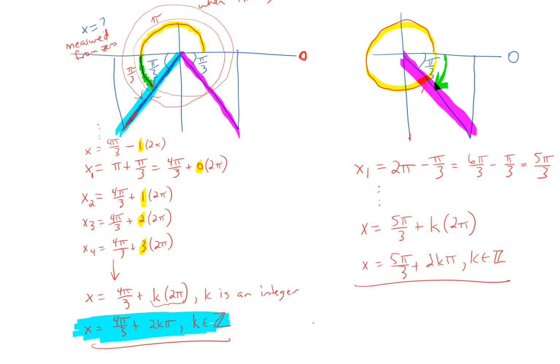Now, just so you understand what the integers are, in case you don't remember from previous classes, integers are all the positive and negative whole numbers. So these negatives will be negative rotations, the 0 will be no rotation from that starting angle, and the positive numbers will be positive rotations from your starting angle.